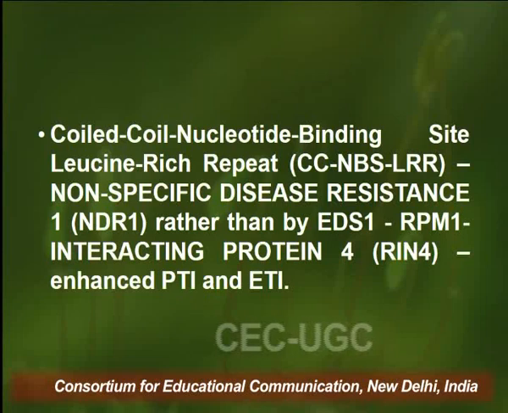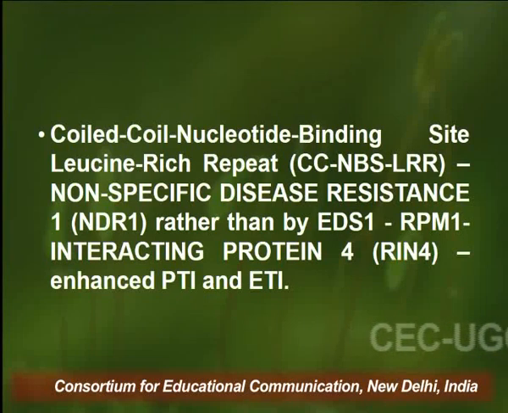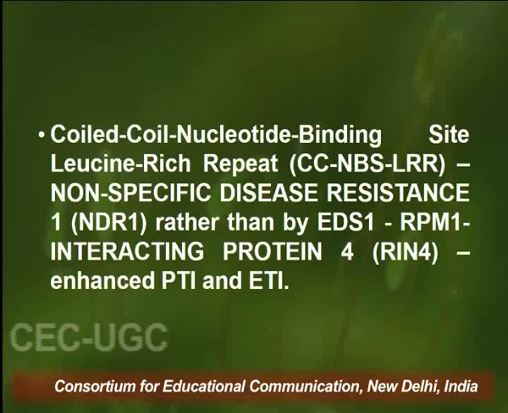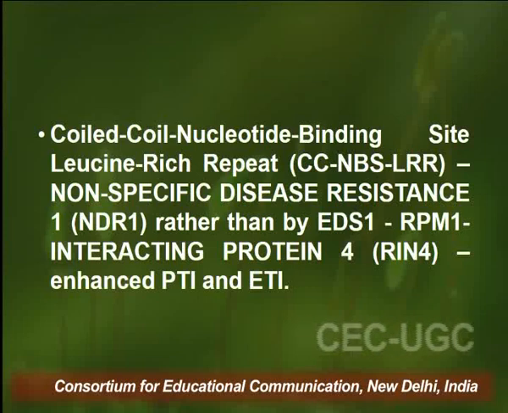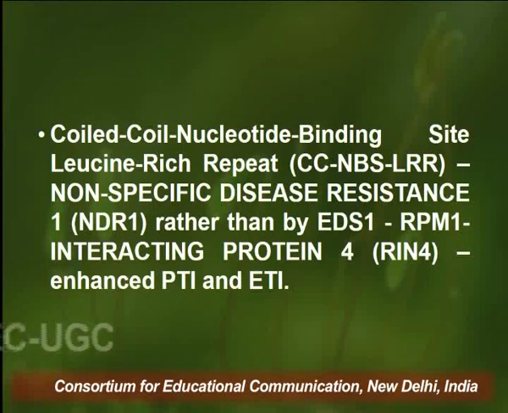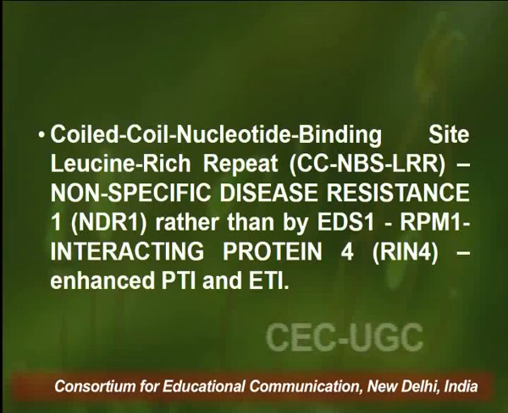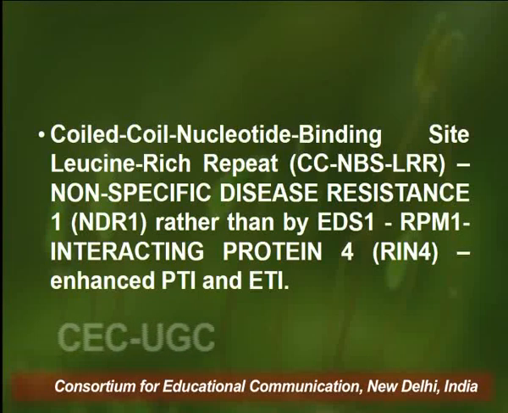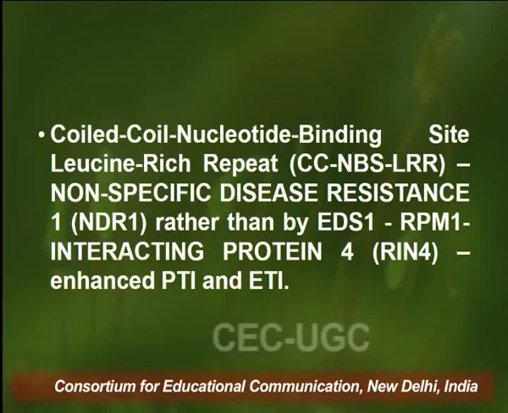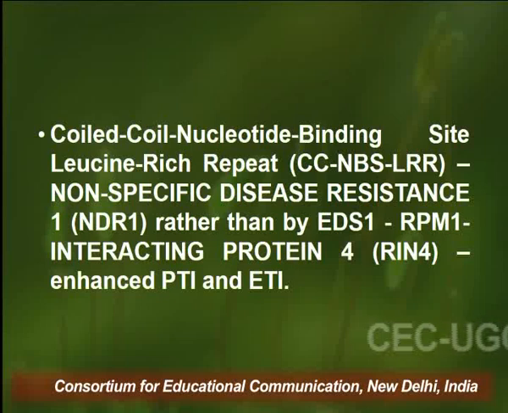The second protein is the coiled coil nucleotide binding site leucine rich repeat, that is CC-NBS-LRR. Now, this protein further stimulates the non-specific disease resistance 1 protein, that is NDR1. The first protein acted through the EDS pathway, this acts through the NDR1 protein. Now, these NDR1 proteins further interact with or stimulate the RPM1 interacting protein 4, which is known as RIN4.